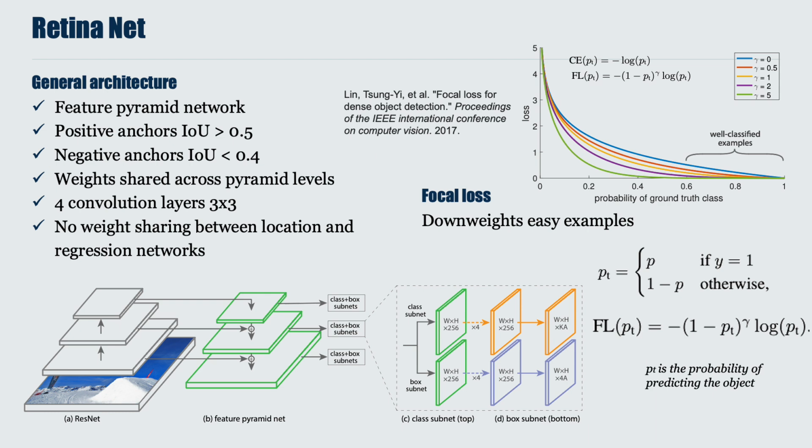They choose a very narrow range in between, meaning the ones that they consider negative versus the ones that they consider positive, but they don't share the weights between the location and the classification network. What they do though is that they use what's called the focal loss, especially to deal with the imbalance between the negative cases that are always many in an image and the positive samples.